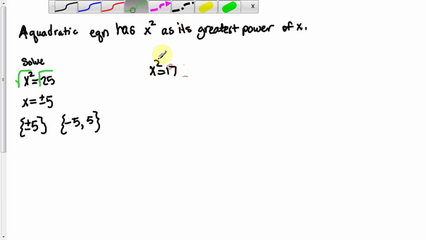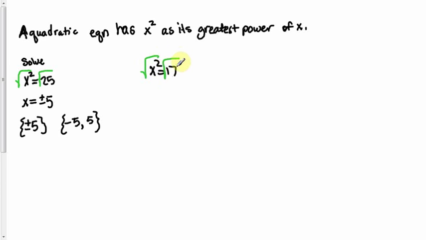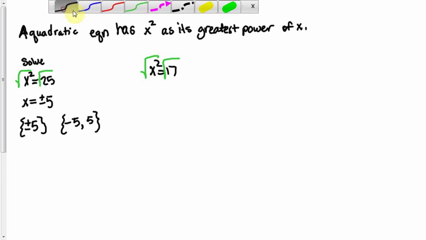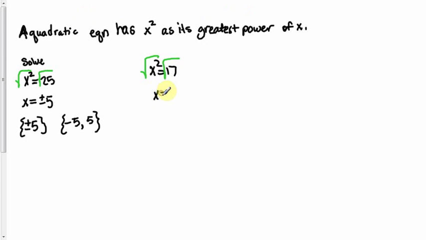So we would square root both sides. Now, can you take the square root of 17? 17 is a prime number. There are no factors of 17 that are perfect squares, so your answer is plus or minus square root 17. We do not want decimal approximations. You want to leave this as a simplified radical. Again, you can write that separated, or you can just write plus or minus root 17 in your set.